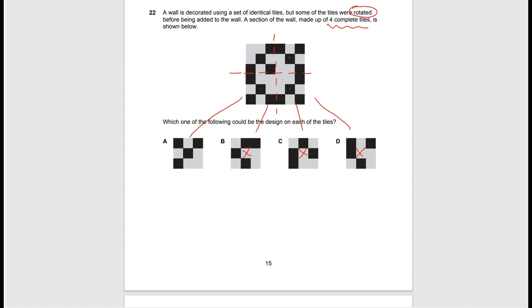And B, C, and D don't have that centerpiece shaded. So our best answer for 22 is going to be A. And if we went ahead and saw the rest of the shape and fit it in, we'll slowly see that it fits for each tile, just rotated. So the best kind of clue to find the answer quickly would be that middle centerpiece there.